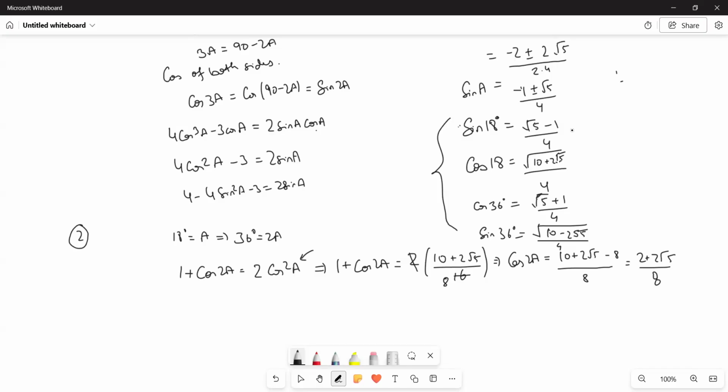And then for the other two angles, 54 and 72, we just use complementary relations: sin 18 is the same as cos 72, cos 18 is the same as sin 72, cos 36 is the same as sin 54, and sin 36 is the same as cos 54. So that way we get the value of sine and cos at 18, 36, 54, and 72 degrees.